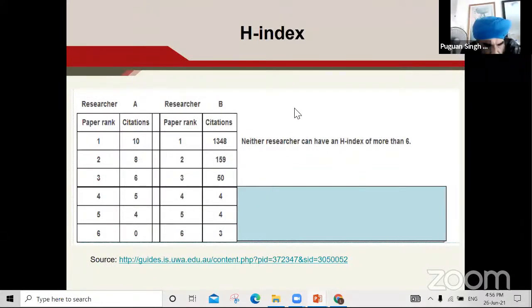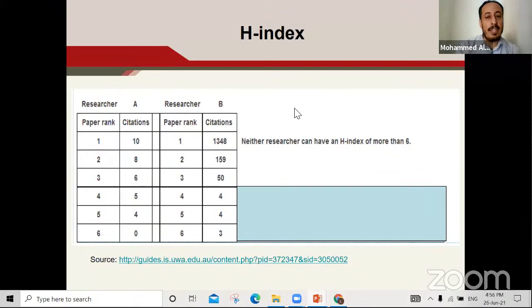The last thing, the H index. The impact factor reflects the journal quality, but the H index reflects the scientist's reputation. I'm not sure if you have heard about the H index.